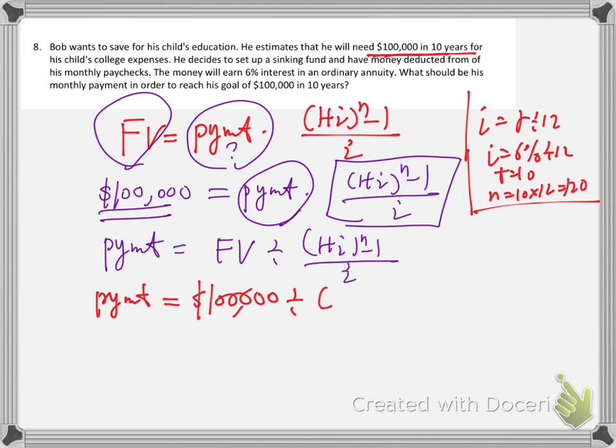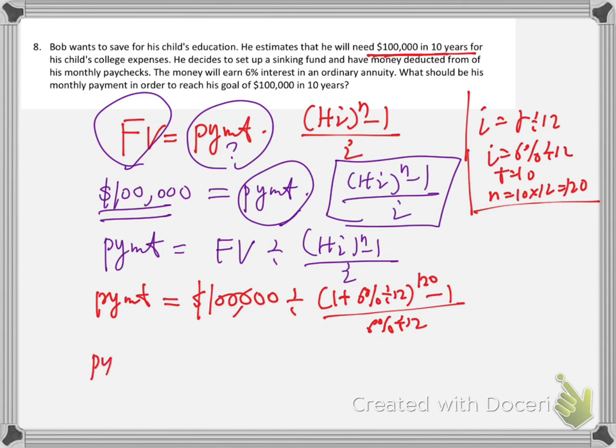I use the same number, just a different direction of the question. So this is 6% divided by 12 to the 120th power minus 1, divided by 6% divided by 12.